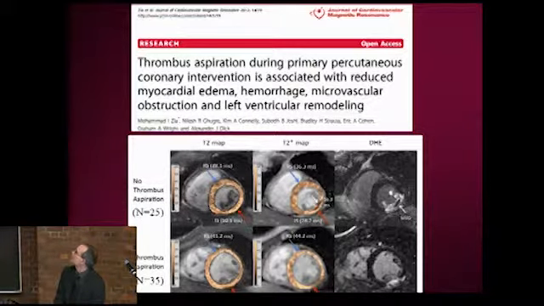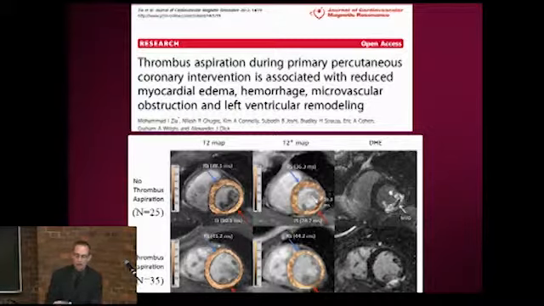We certainly see a hemorrhagic indication, those dark zones on the T2 star map down here, and we see the microvascular obstruction, whereas those who got thrombus aspiration, we actually don't see the hemorrhage and we don't see the microvascular obstruction.